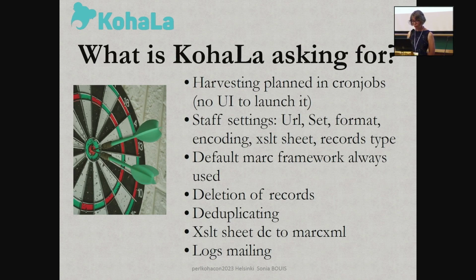We need to have settings: the URL, the set, the format (Dublin Core, MARC XML or other XML format), the encoding, the XSLT sheet to transform into MARC XML, and record types, biblio or authorities. We will always import the records into the default MARC framework.